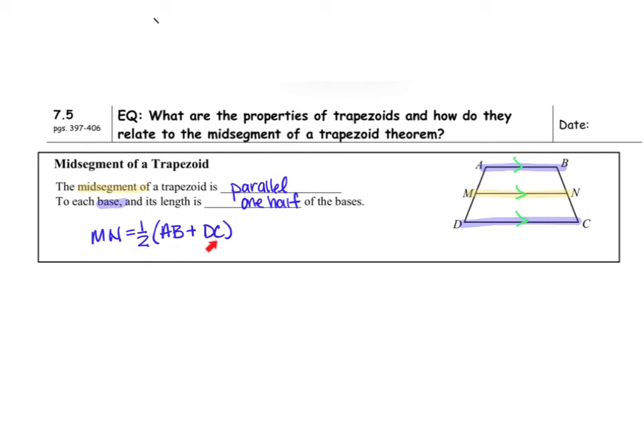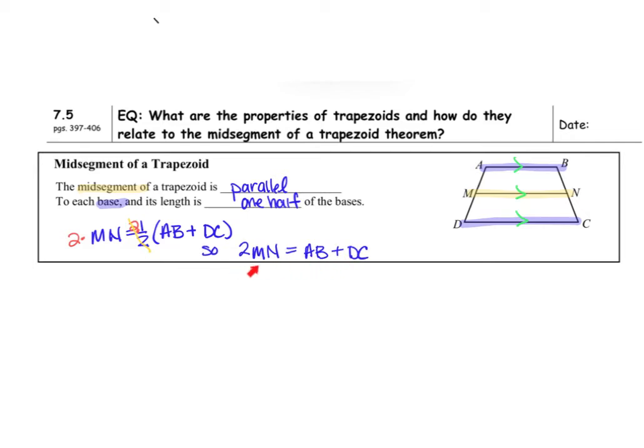Rather than distribute and have AB over 2 and DC over 2, we're going to multiply both sides of the equal sign by 2. These will cancel out. So that's going to give me 2 times MN is equal to AB plus DC.